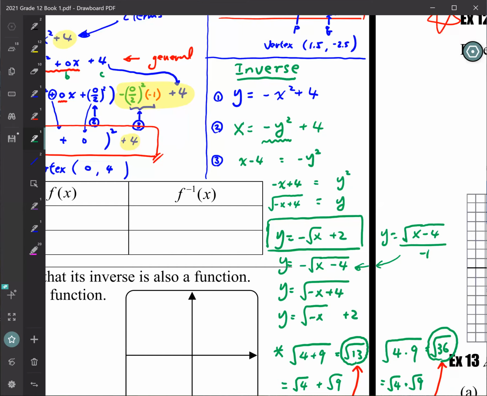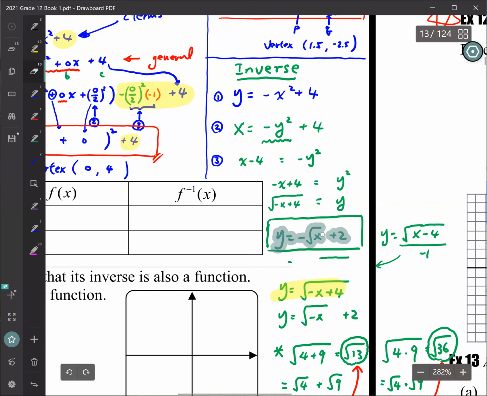However, let me erase your answers. So far, I think the closest will be this one, right here. Oh, I mean the same, the one that's the same. Very good. Let me erase that first.